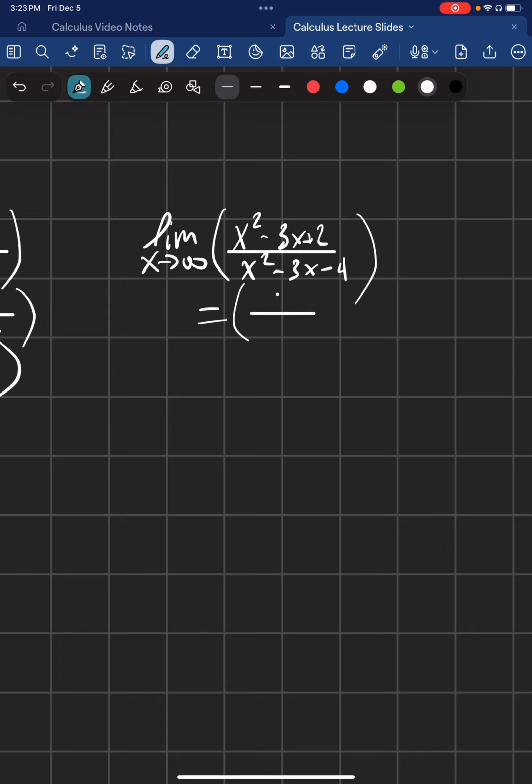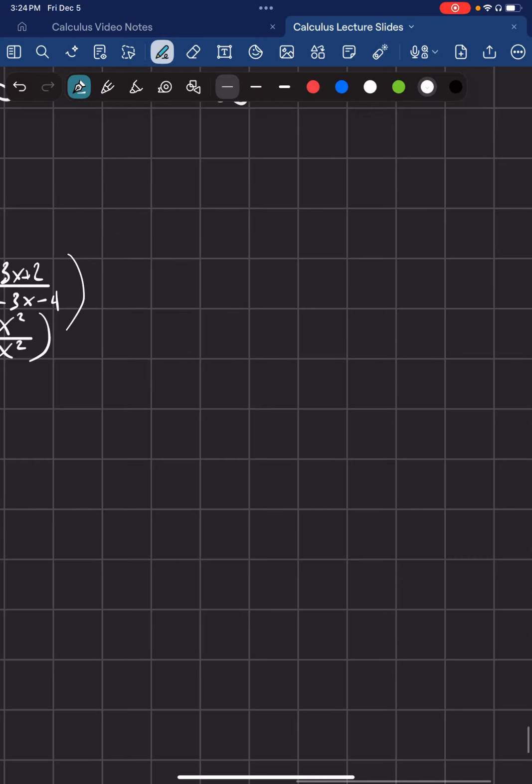So when you get rid of your lower ones, you just get x squared over x squared, right? So what do you end up with? You just end up with 1. So the limit as this function x squared minus 3x plus 2 divided by x squared minus 3x minus 4 approaches infinity is just going to be 1, right?